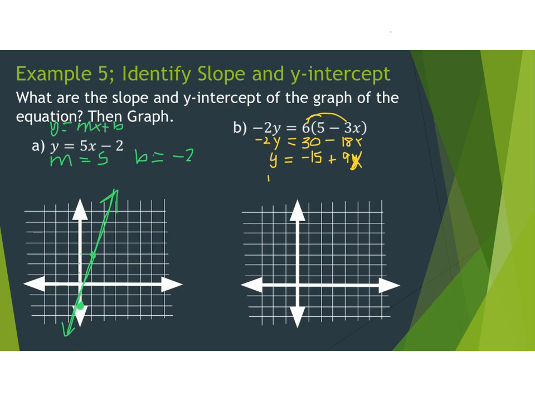If I simplify that, it would be y equals 9x minus 15. So I'm going to cross at negative 15. Going by 5s, 5, 10, 15, it would be there. And then I'm going to go up 9 and over 1. So it would be a really steep line like that.